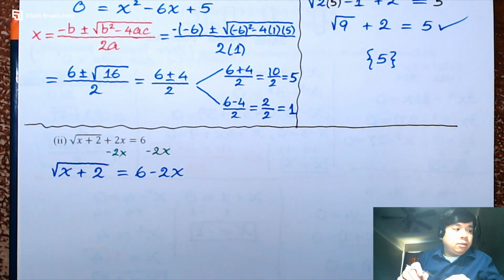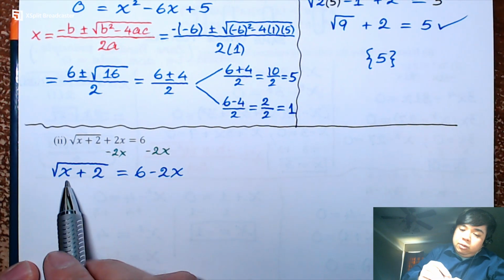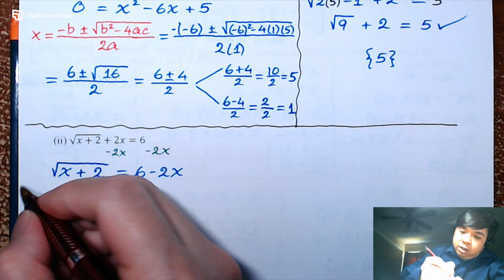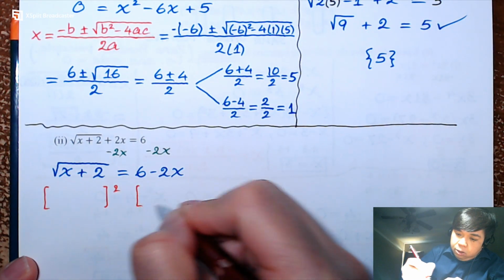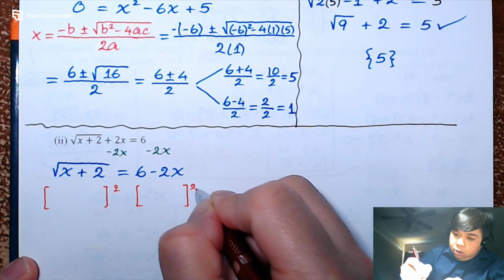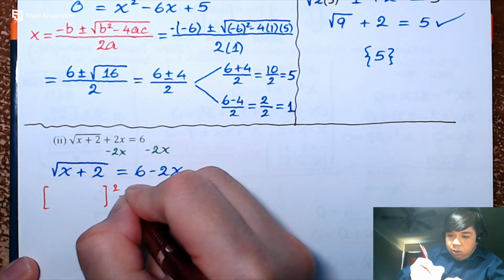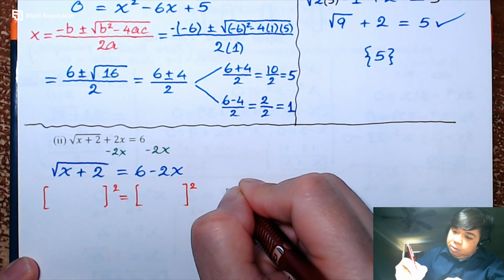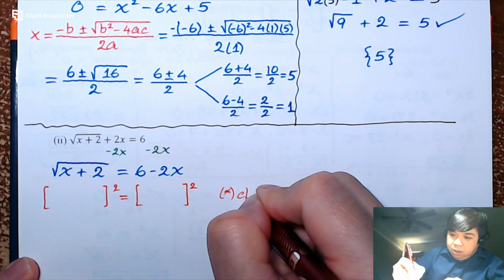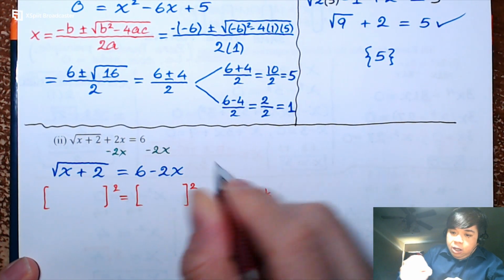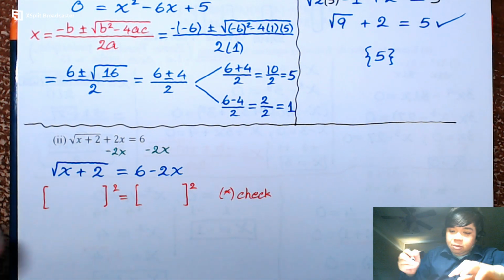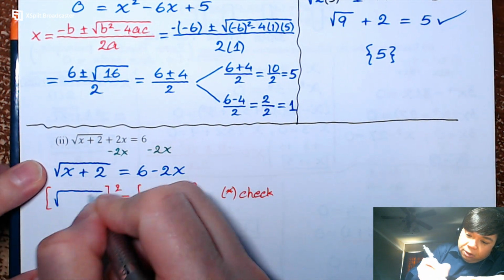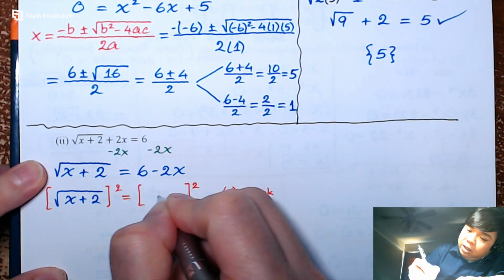Now we square both sides. When we square both sides, make sure you check the answers at the end. So isolate the square root, square both sides, and then check.